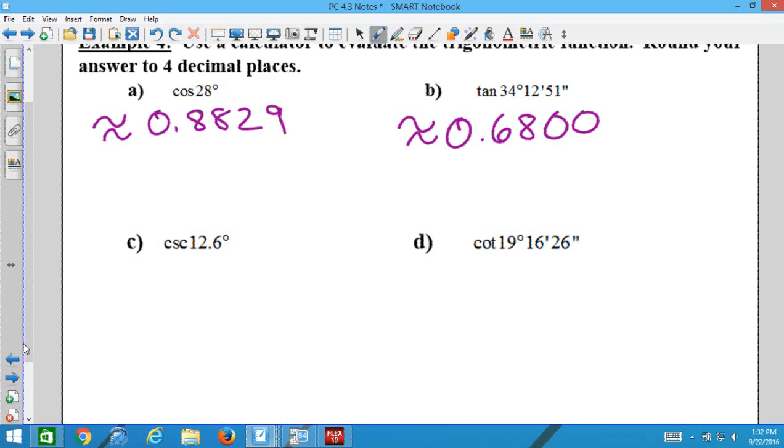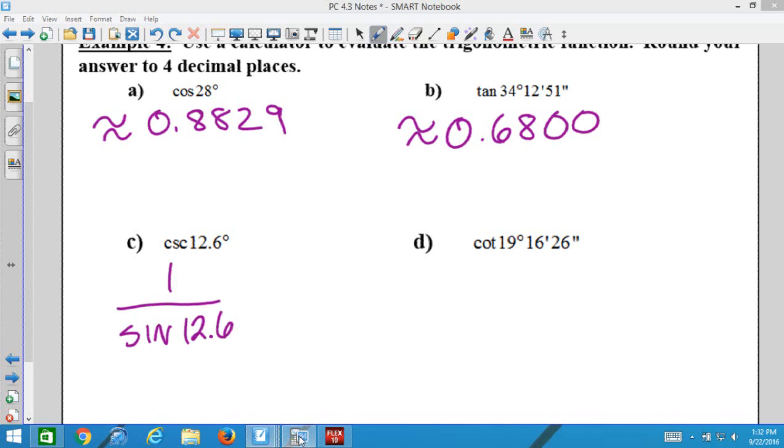The third one is cosecant, and there is not a cosecant button. So we have to know, what is cosecant the reciprocal of? Sine. So we're going to do 1 divided by sine 12.6. So that's what you'll type in your calculator. 1 divided by sine 12.6.